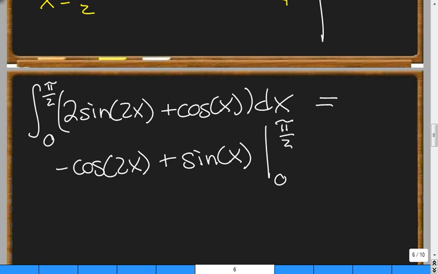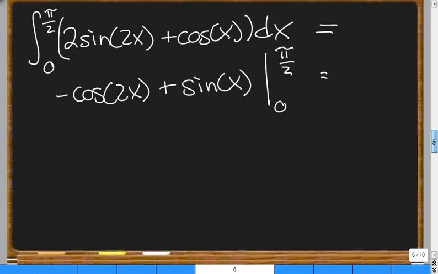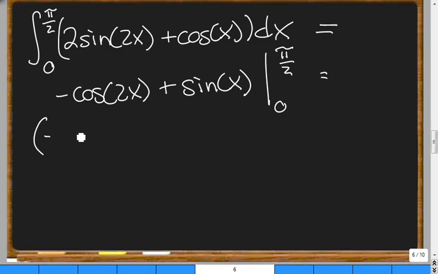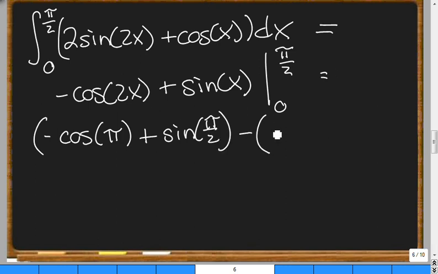Okay, so we need to go ahead and plug these numbers in. If we plug in pi over 2, we get negative cosine of 2 times pi over 2, which is pi, and then we add the sine of pi over 2, which is 1. And we're subtracting away plugging in 0, which would be negative cosine of 0 plus the sine of 0.